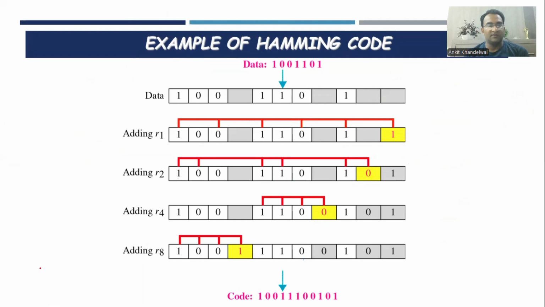Now let us look at all this. We are going to find the value of R4 because it is at position number 4. That is the third redundant bit.